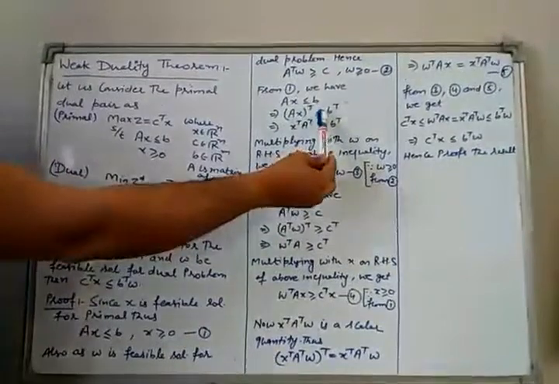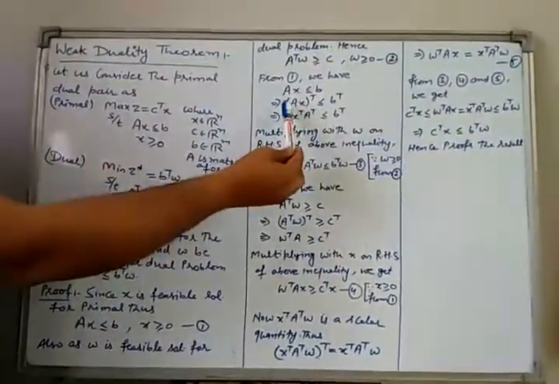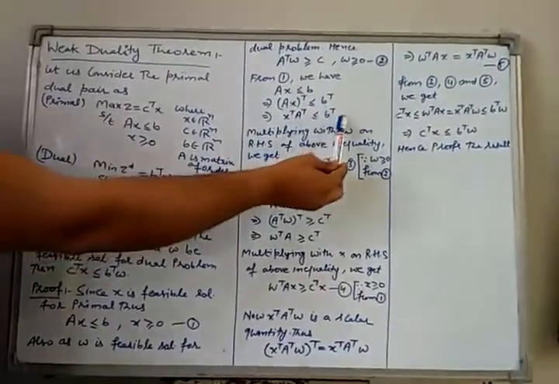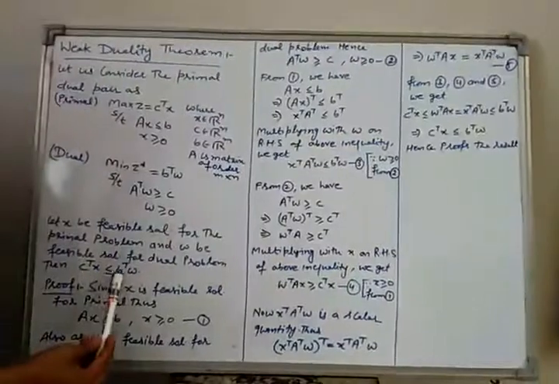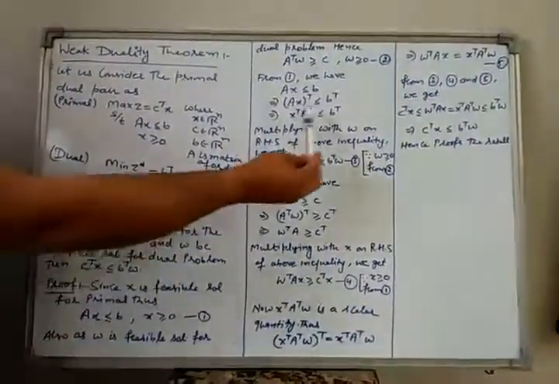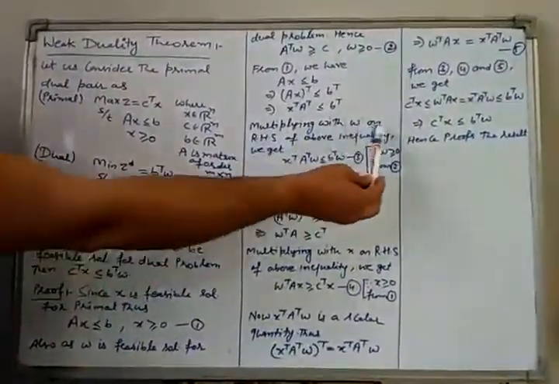Ax whole transpose less than or equal to B transpose. Apply the reversal law of transpose. This becomes X transpose A transpose less than or equal to B transpose. Now we want W with B transpose. Therefore, I multiply with W on the right hand side of the above inequality.